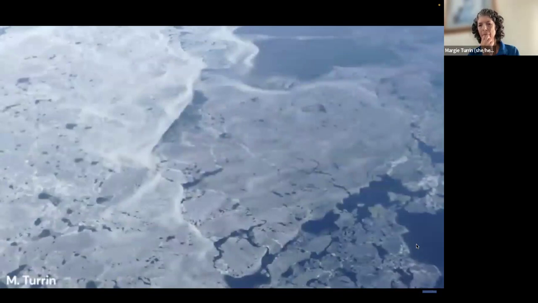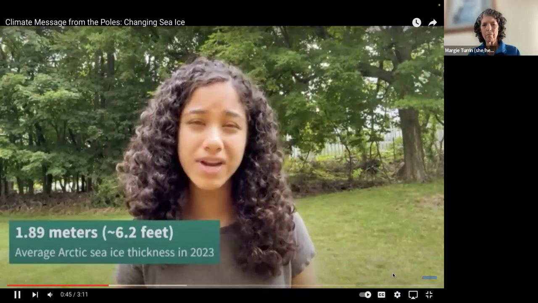In 1980, the average thickness of sea ice was about 3.64 meters, which is about 12 feet, or the height of 2 American refrigerators stacked on top of each other. In the past 40 years, that number has been cut in half, now measuring at about 1.89 meters, about 6 feet, or 1 American refrigerator.